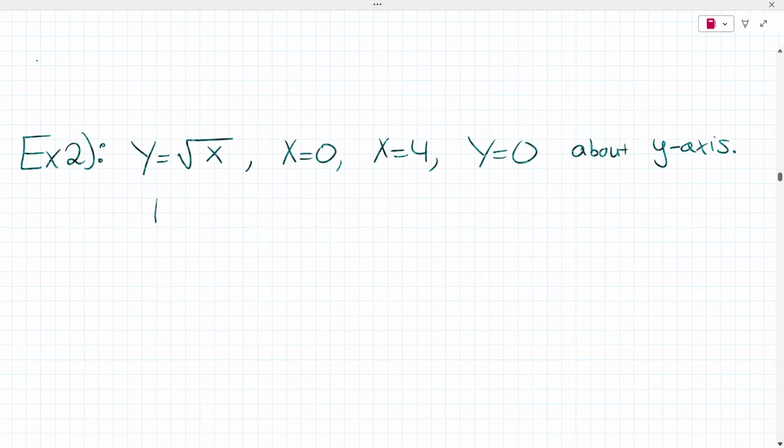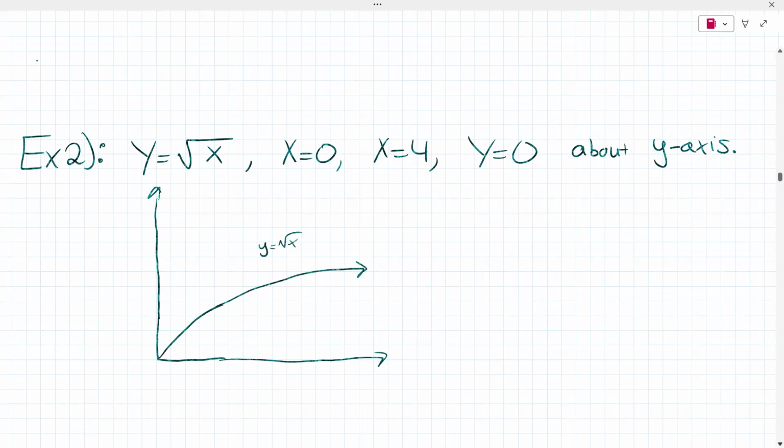All right, so let me draw the image again. So this is y equals square root of x, and then x equals 4 could be like here. Right, this is not to scale. And then this is what we focus on.